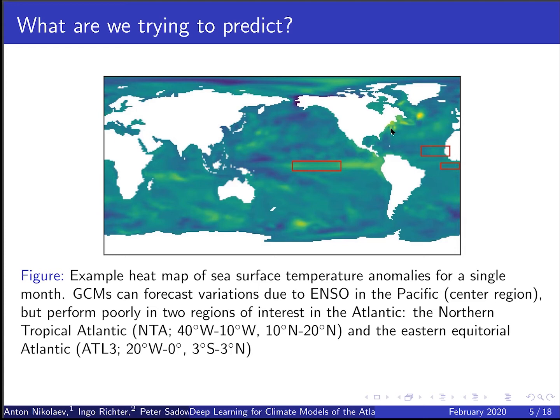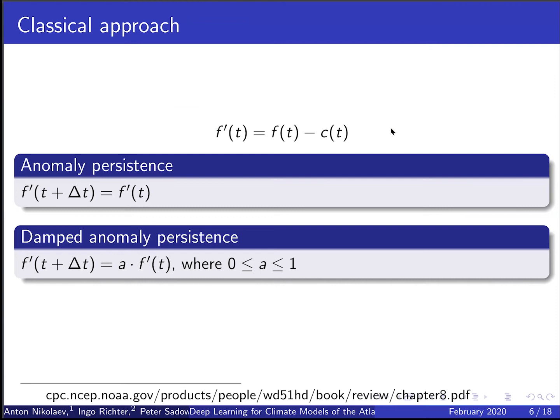And now let's get to the classical approach. The classical approach is two relatively simple models that we're comparing to. F prime is the sea surface temperature anomaly at time step t.